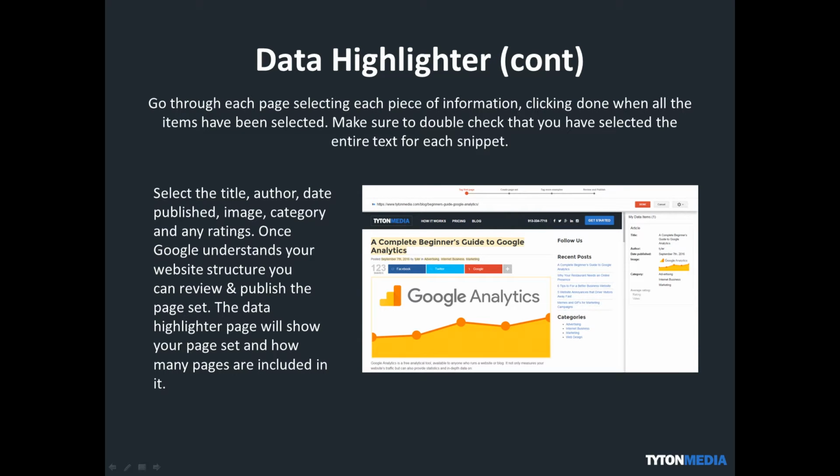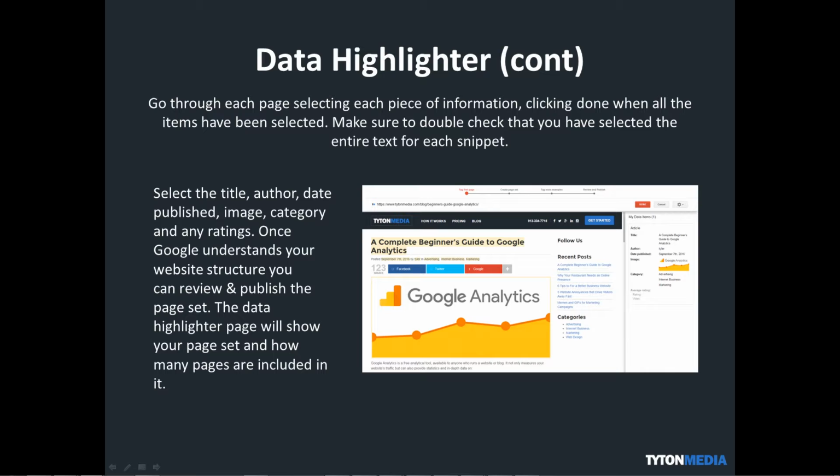So here's a look of what it looks like when you're tagging your site. It likes to know the title, the date, who wrote it, what category, and even it likes to know the ratings. So if you have a product and it has ratings on it, you can select this data, and that will make it appear in the Google search.